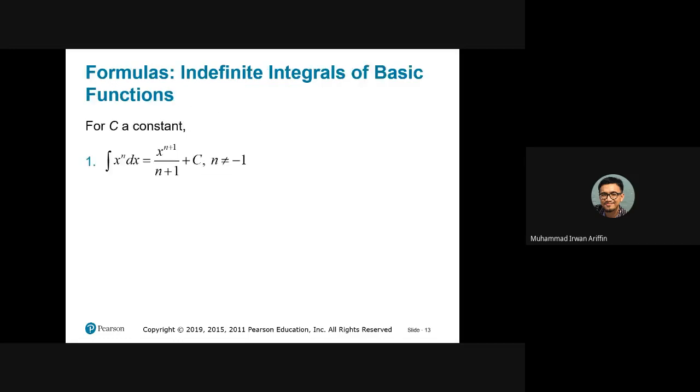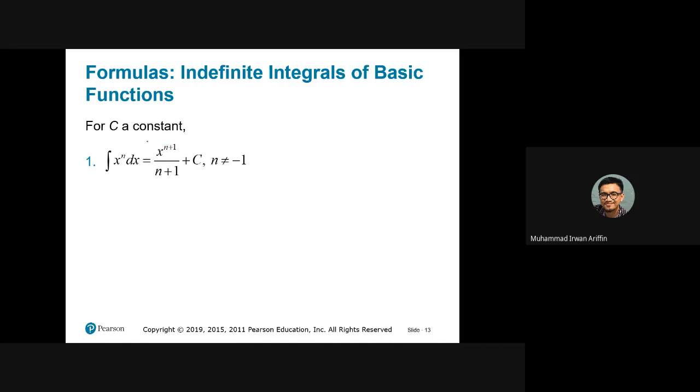Now, these are the formulas, because formulas help us save time when we do the calculation. Let C be the constant of integration, any real number. If we have a variable with a power n, the indefinite integral would be x to the power of n plus 1.